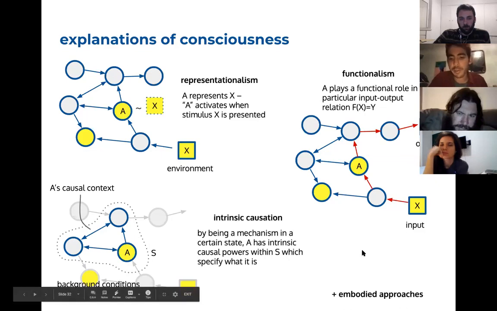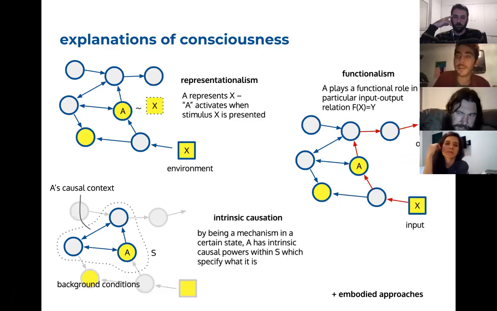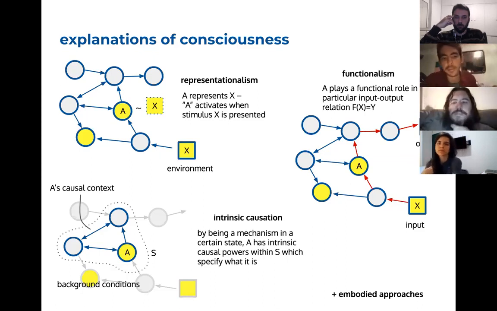And it also differs from embodied approaches, which will say that consciousness is related to a certain continuous loop between perception and action or something like that, right? That maintains a certain circuit with the environment.